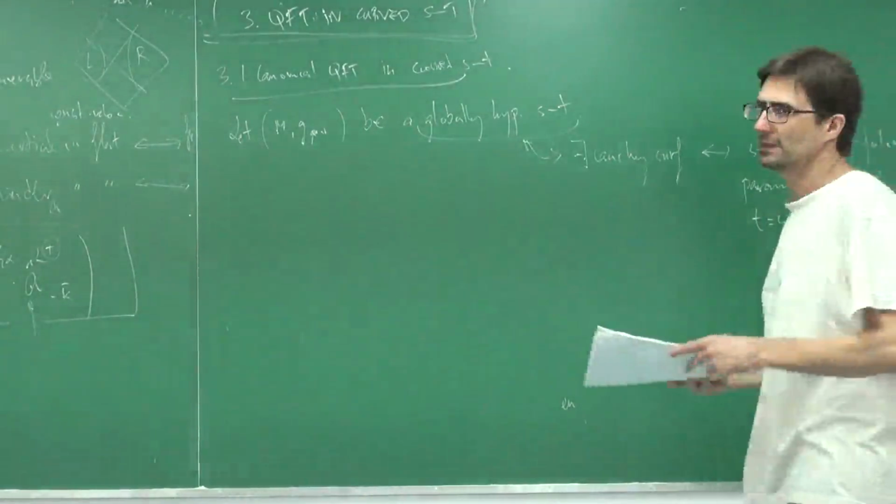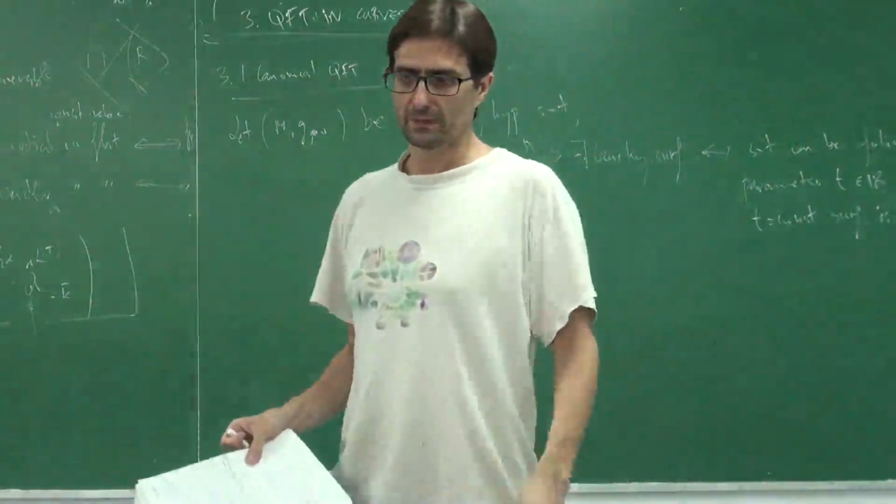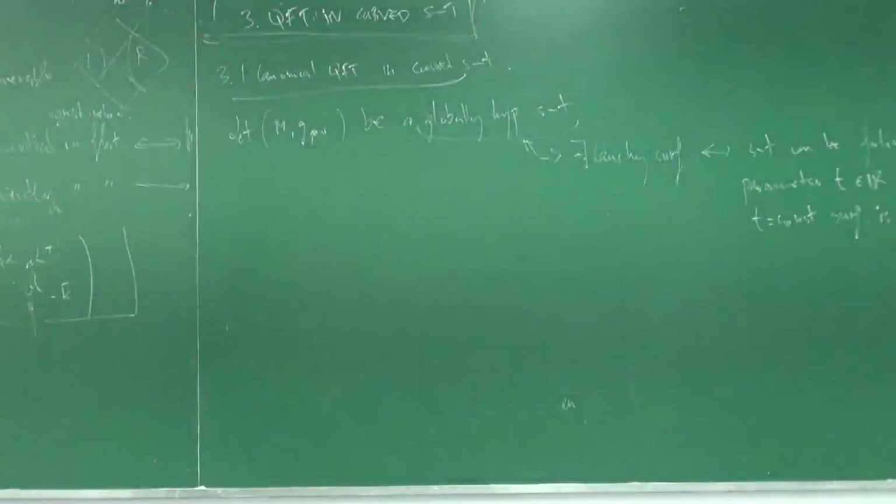So the parameter t is just labeling, if you wish, the different Cauchy surfaces.